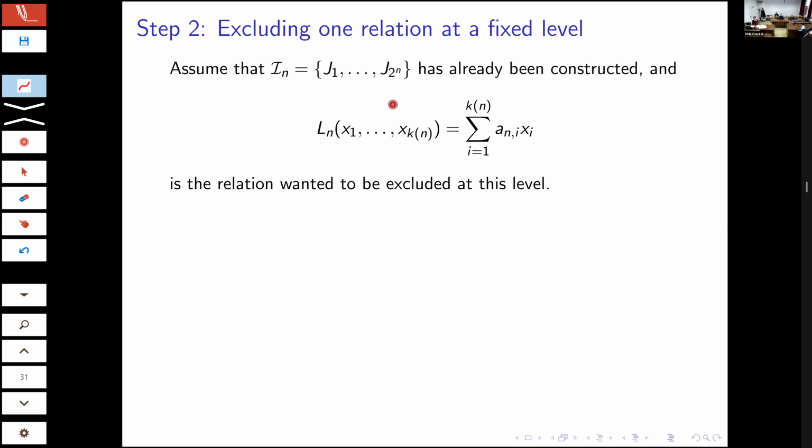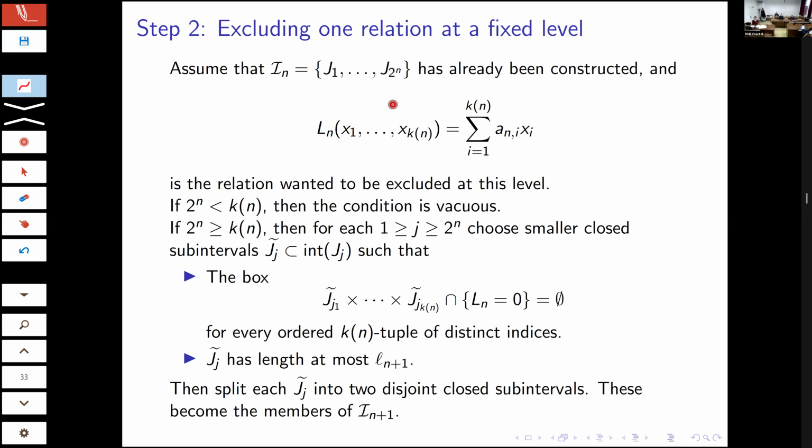Okay, so now we take it in a step. So it contains these intervals, and I have the next relation. If kn, the number of variables I have, is bigger than the number of intervals, I go further, because after certain points I have enough intervals to check this, and this relation will come back, right? So if 2 to the n is bigger than kn, then I do the following.